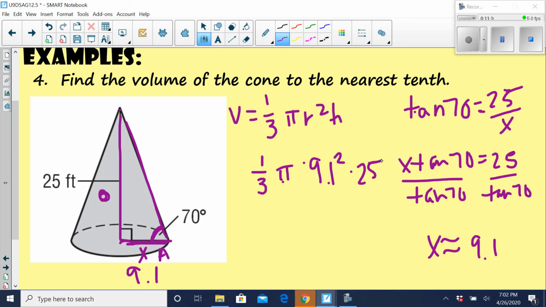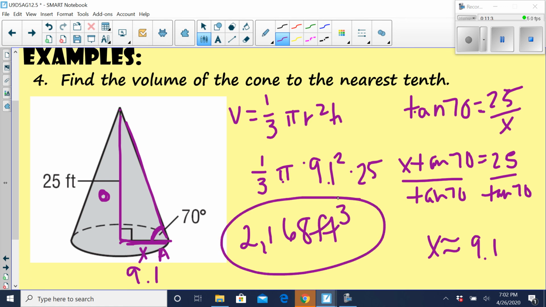So 1/3 times pi times 9.1 squared times 25, I ended up with 2,167.96. So I'm going to round it to 2,168, and I'm going to label it feet cubed. And there's my total volume.